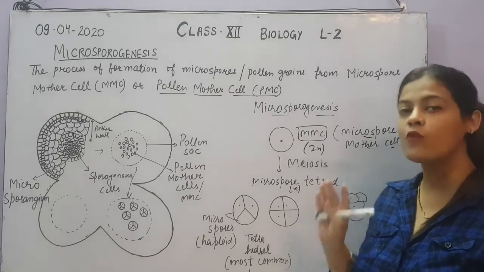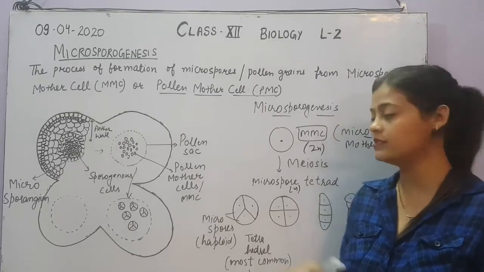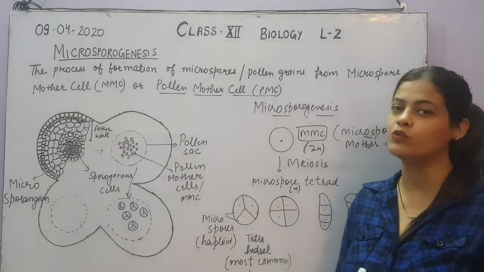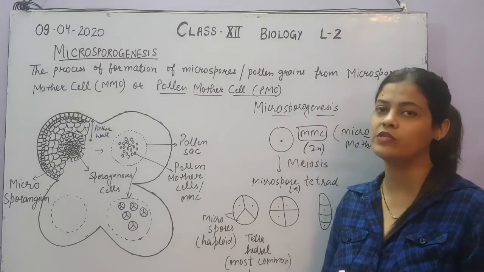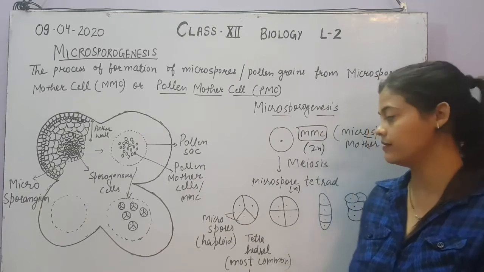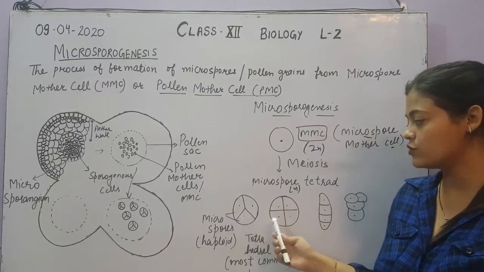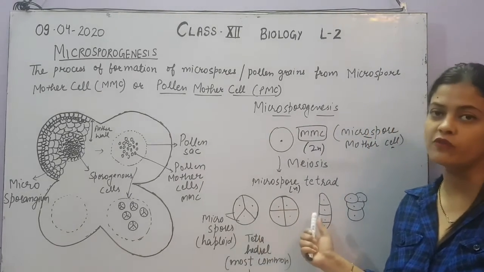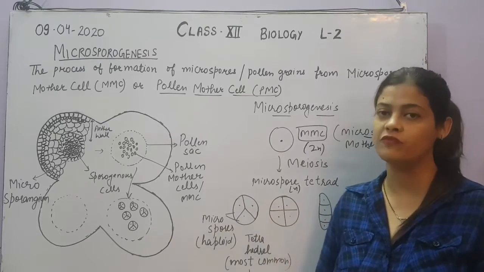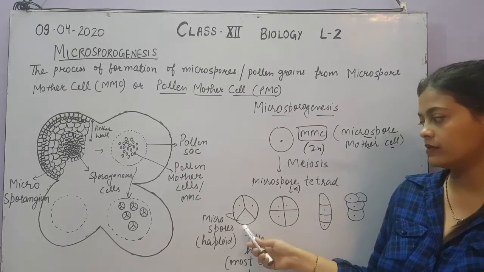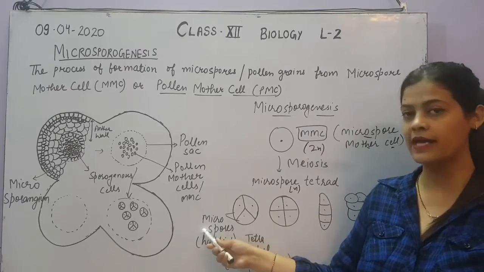Because there are 4 microspores in one tetrad and all 4 microspores are glued to each other. They are not separated. So here you can see I have shown 4 types of tetrads in which the microspores are arranged in different ways. Let us see here. First one is the microspores.